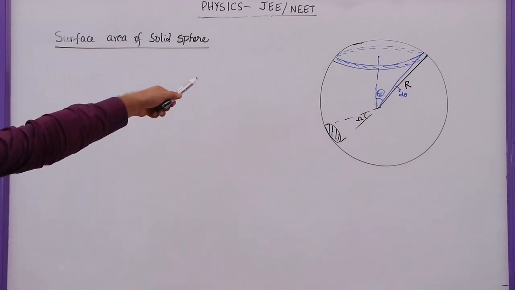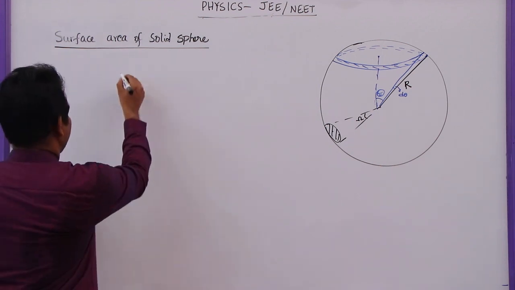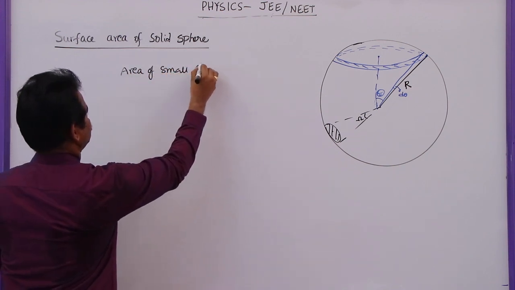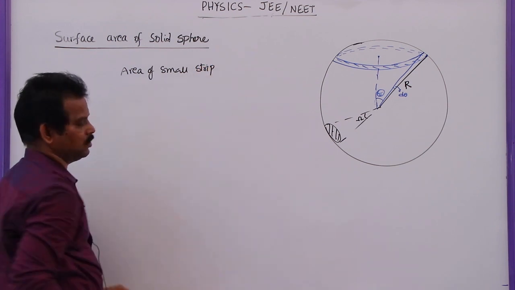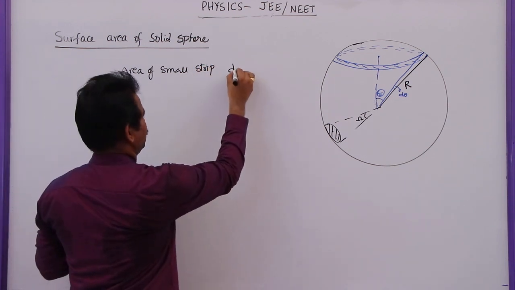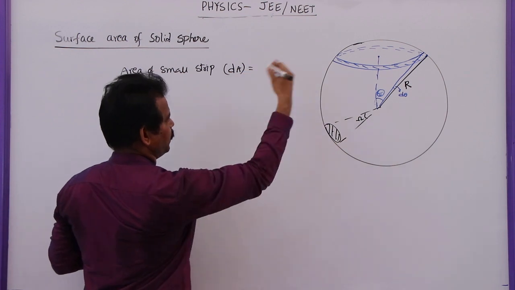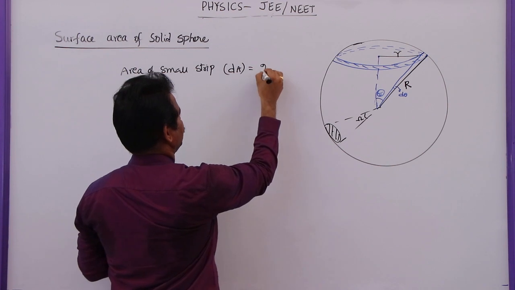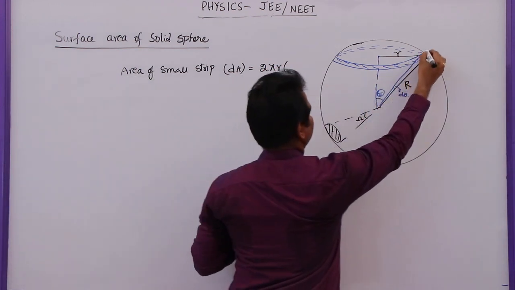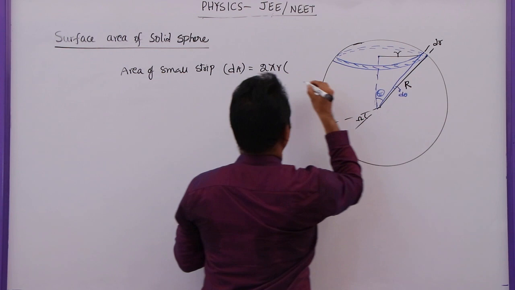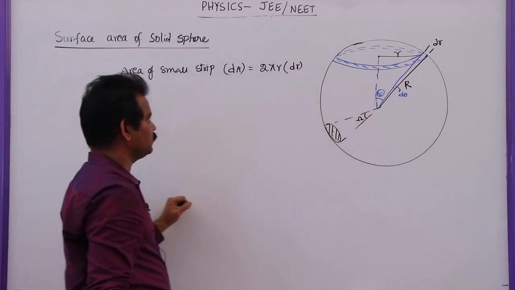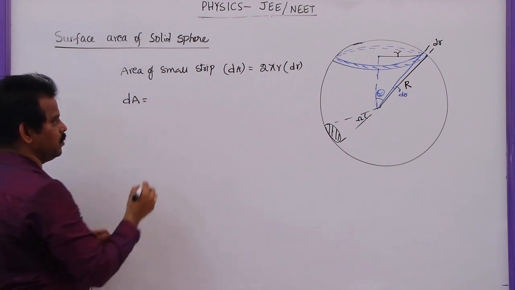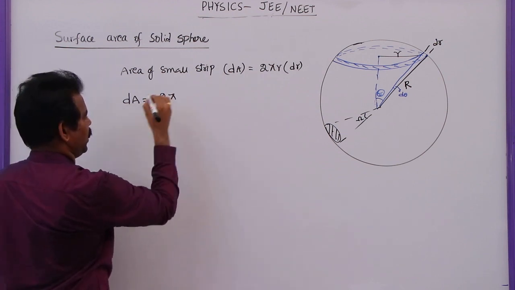To find the area of that small strip, the elemental portion on the surface of the sphere, I will write it as dA, which is given by, let the radius of this be a small r, so the circumference will be 2 pi r, and let the thickness of this one be dr. So the small surface area of that elemental strip is given by 2 pi.